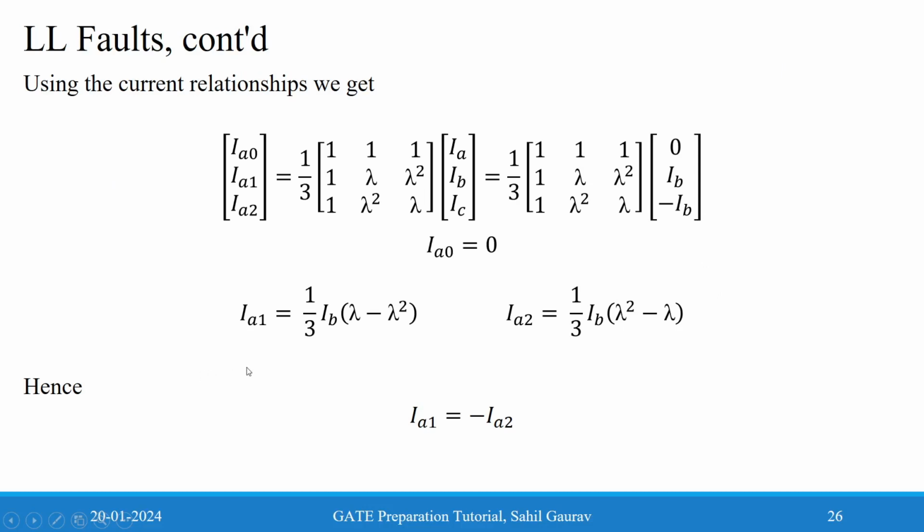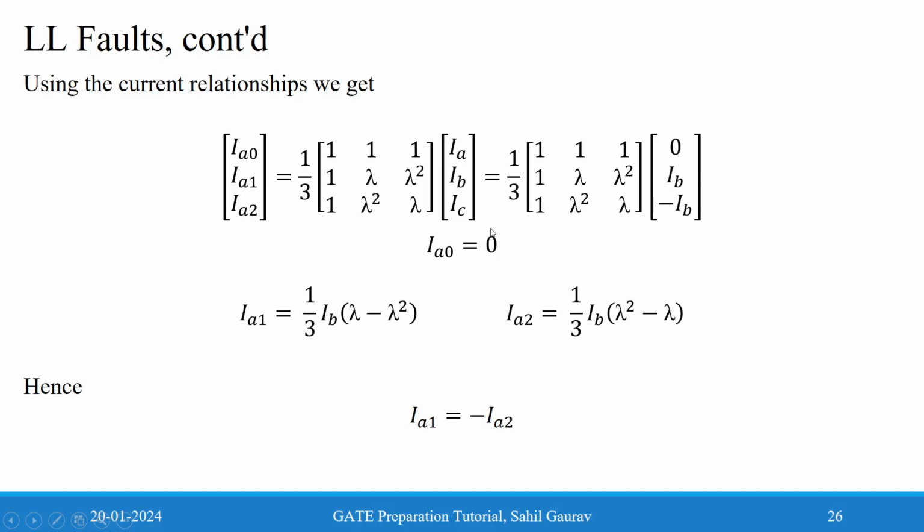Now based on the boundary conditions, we will apply the symmetrical component equation, and from there we will derive some important equations. So here we put that IA is equal to 0, IB is equal to IF, and IC is equal to minus IB. So this IA0 will be 0.